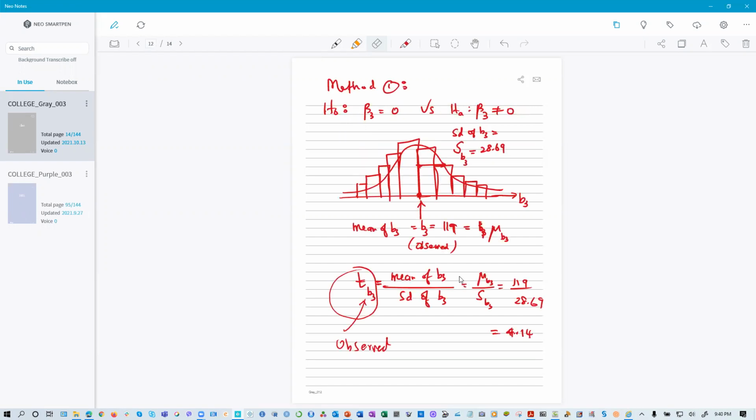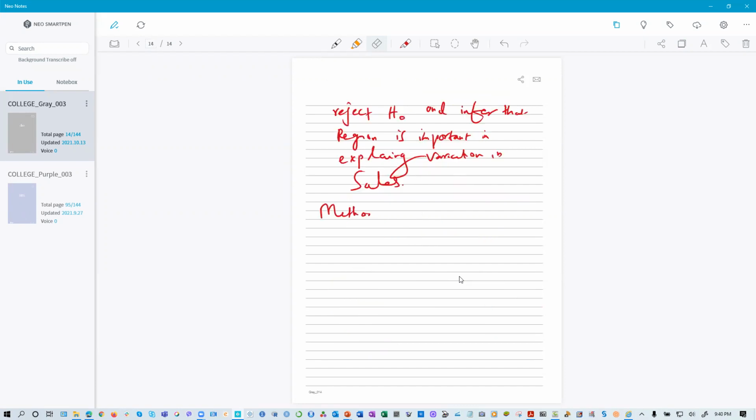Now, the test for region, method 2. Then you can say that you have the full model.